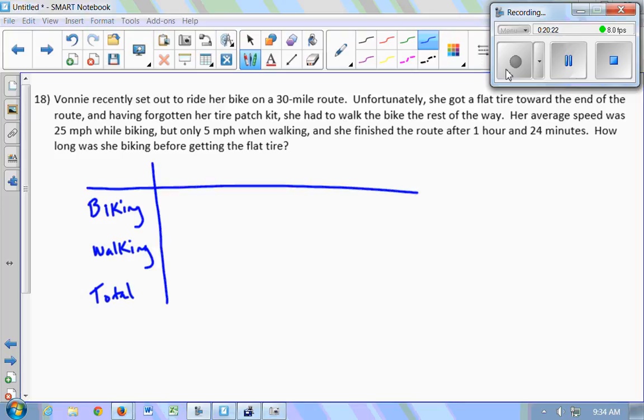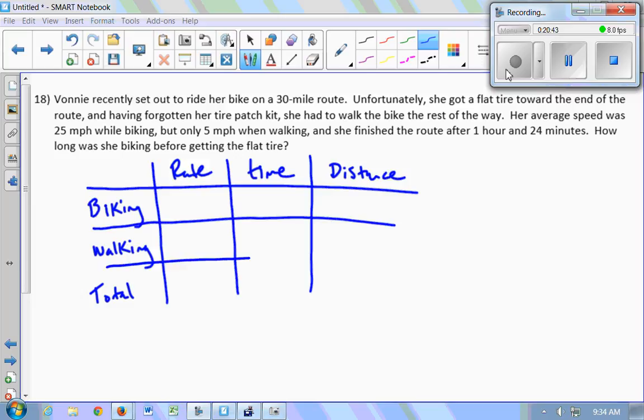The other stuff they told me about her biking and her walking are the rate and the time spent doing it, right? 1 hour and 24 minutes, and the distance traveled, right? And we have that formula, rate times time equals distance, RT equals D. So that will help me fill in this whole table.